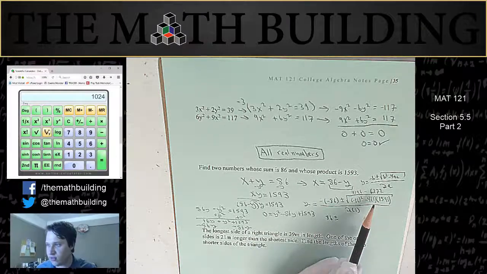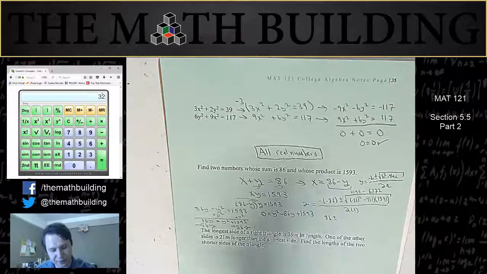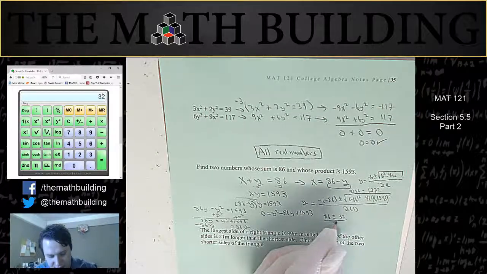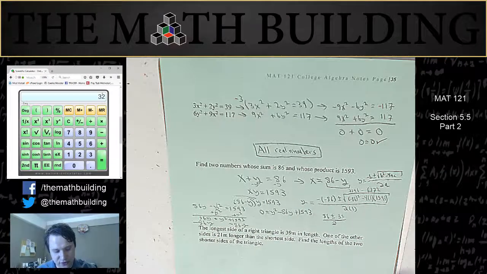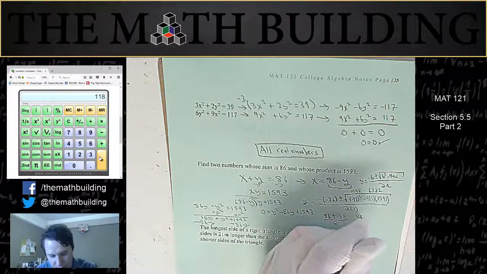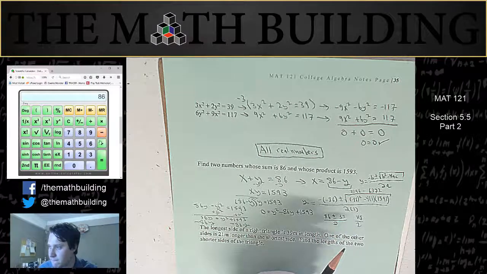So let's go ahead and take the square root of that number. Oh, it could have factored. You get 32. So it's positive 86 plus or minus 32 divided by 2. Okie dokie, so let's do that. Let's do 86 plus 32 is 118. And if we do 86 minus 32, we get 54.